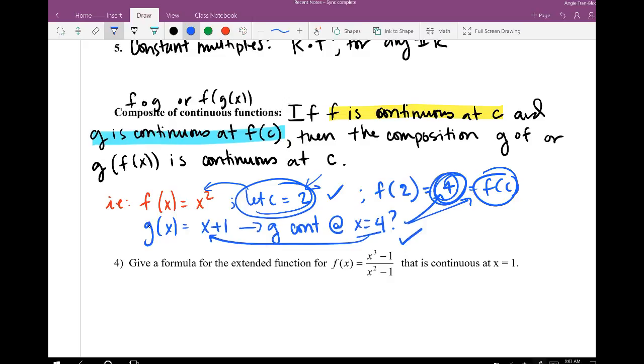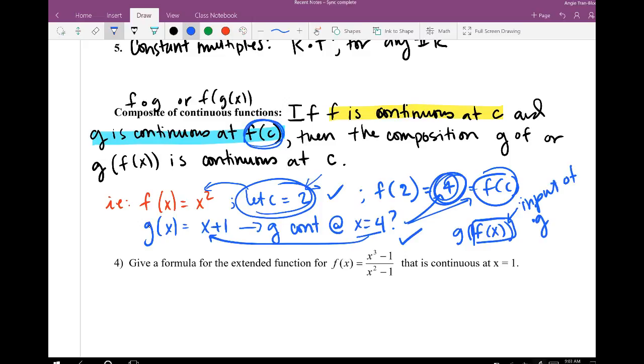And the reason why g has to be continuous at f of c is because in g of f of x, well, f of x is the input of g now, right?